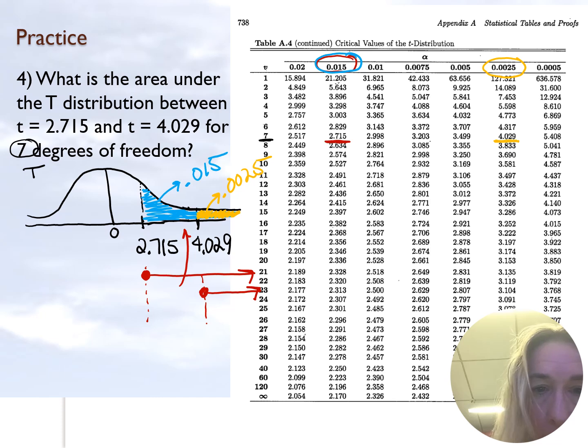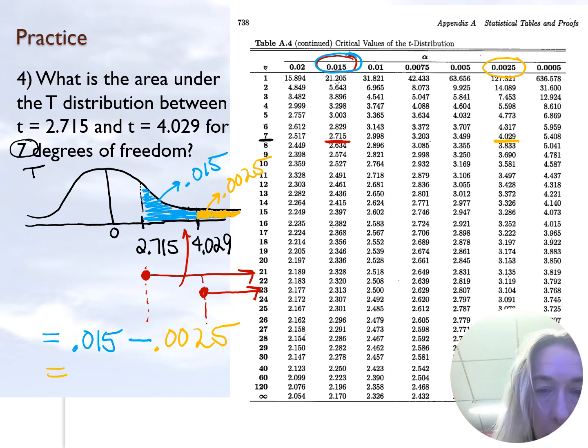the area in between those 2 values of t is equal to 0.015, which is all the area to the right of 2.715 under t, subtract off the area to the right of 4.029, which is 0.0025.